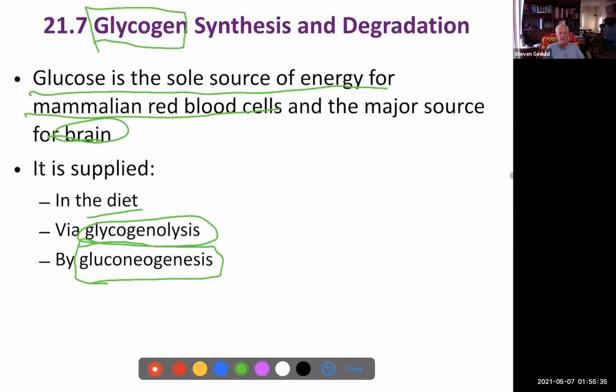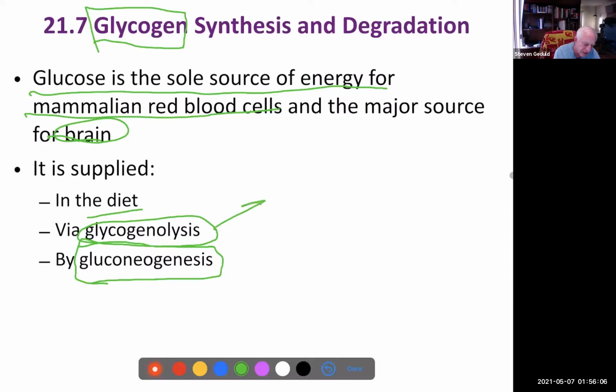Like I said, the brain needs glucose and the formation of red blood cells needs glucose exclusively. So we've got to get it either in our diet by eating it, or we form it by gluconeogenesis, like we talked about, or by glycogenolysis. Okay, we break down glycogen to form glucose.